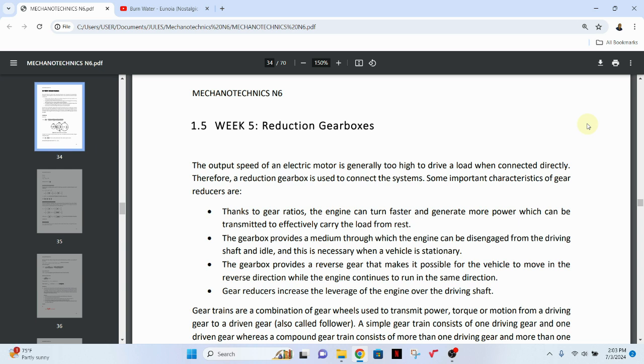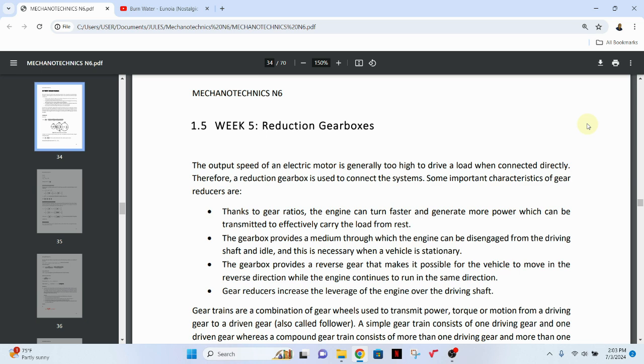change the torque output. The reason it's important to be able to control torque is because when you're driving, you get to situations where the weight that the engine needs to drag is great. Okay, it's not always the same weight.